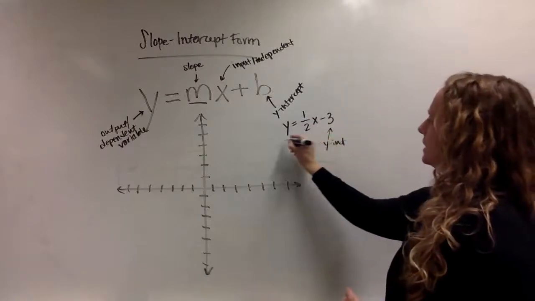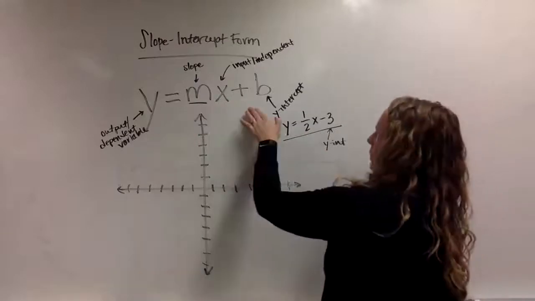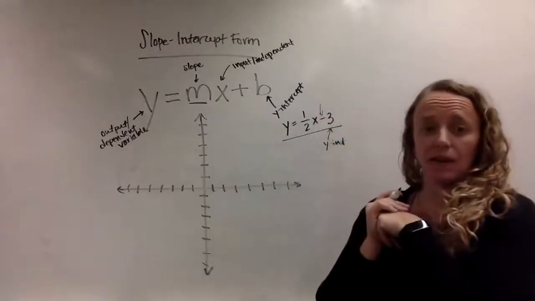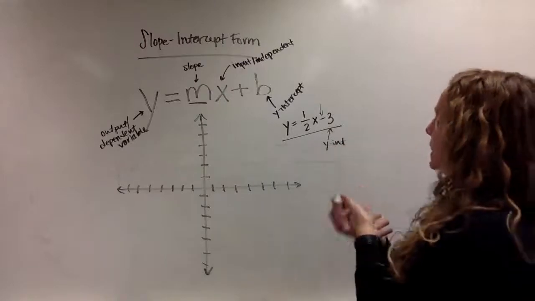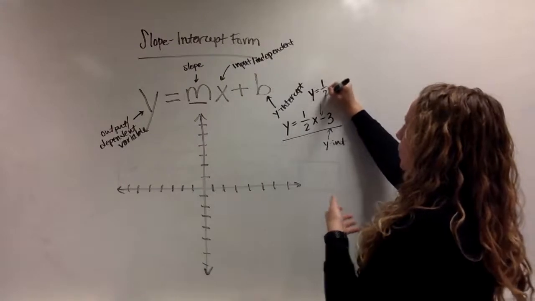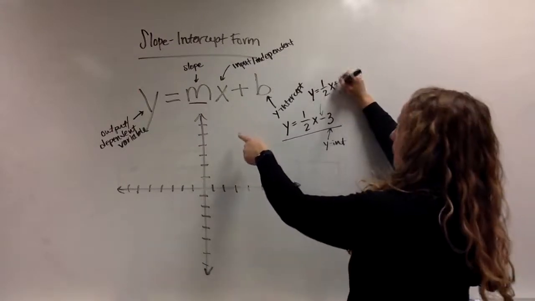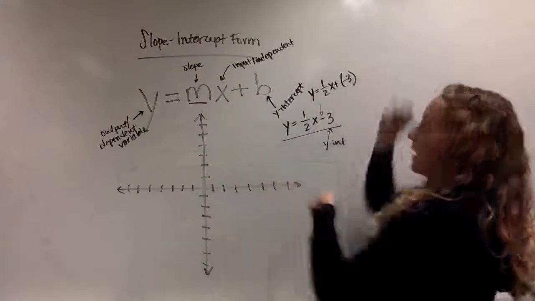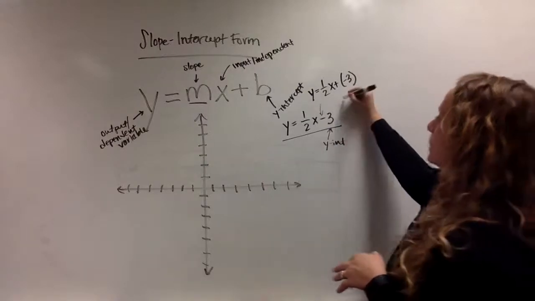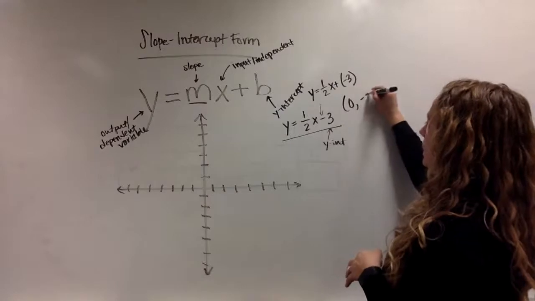If I look at this equation, my y-intercept has a negative sign in front. That means if I were to write it as 1/2 x plus, I'd add that -3. So my y-intercept is 0, -3.